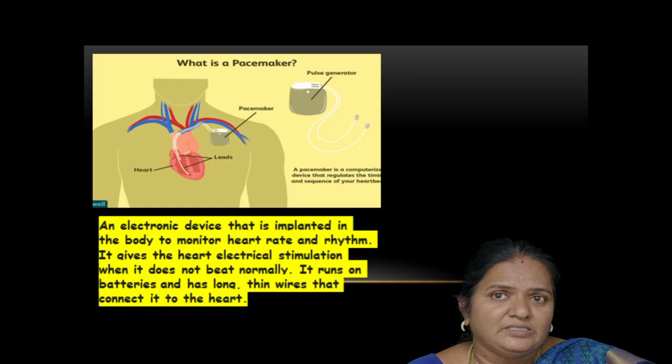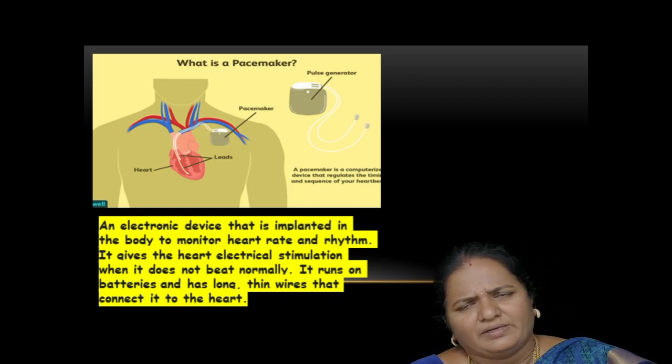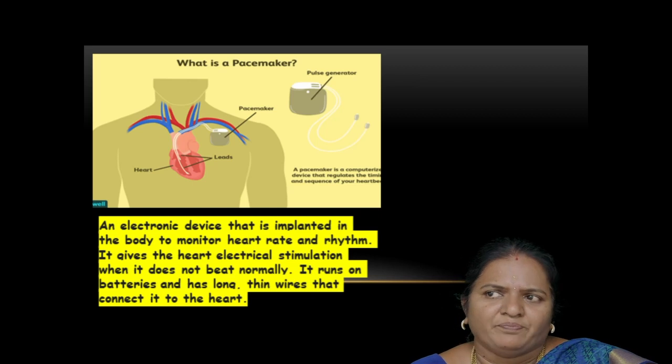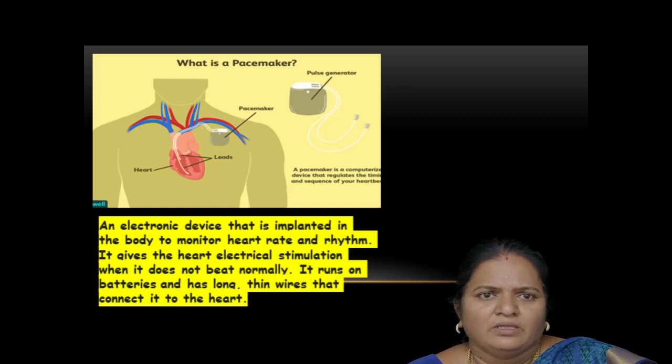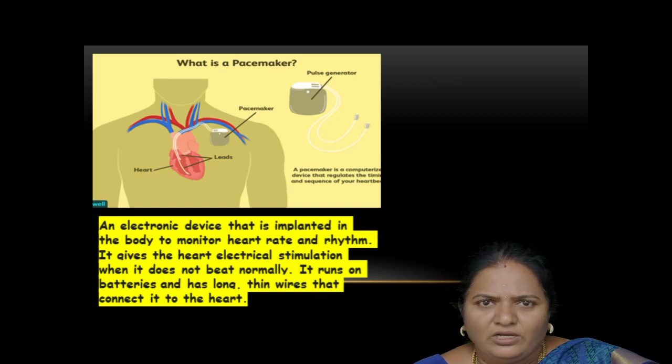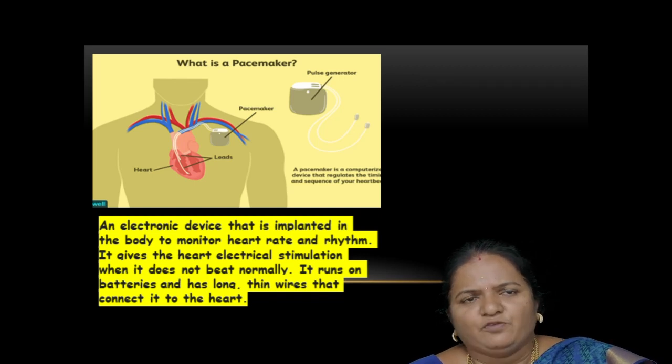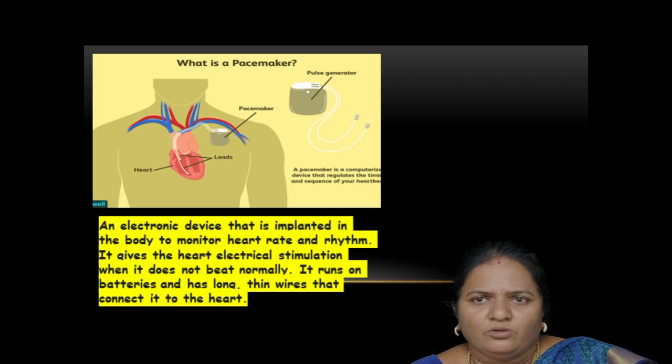Apart from this, ECG, electrocardiogram, echo, treadmill, there are many diagnostic tests for our heart. If you have any abnormalities, not only yourself, in your family members, if you have any cardiac abnormalities, then you have to choose the test.